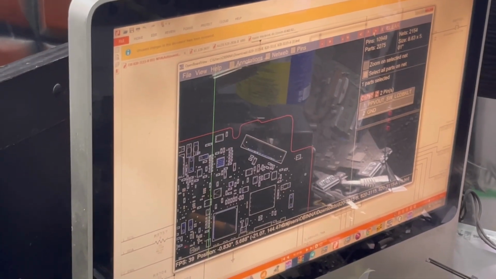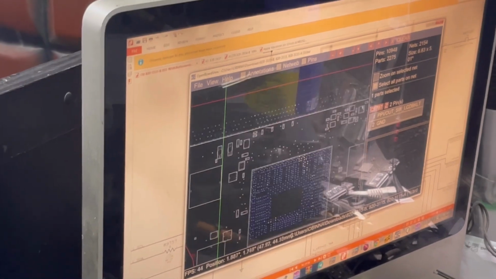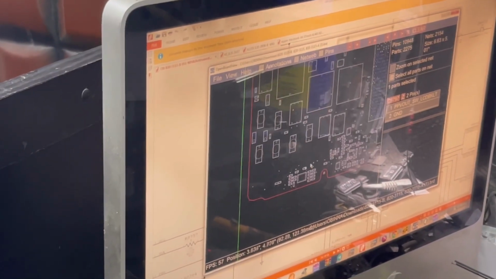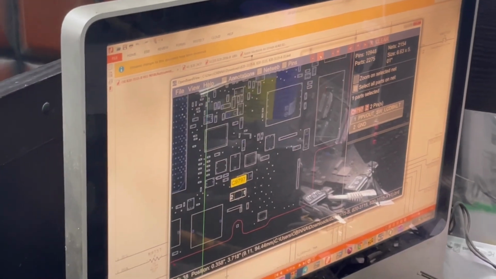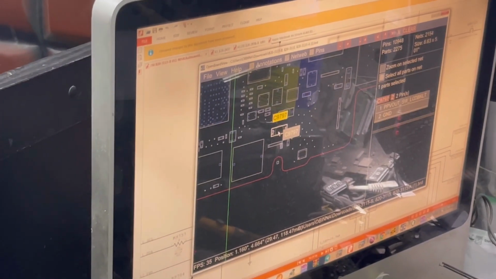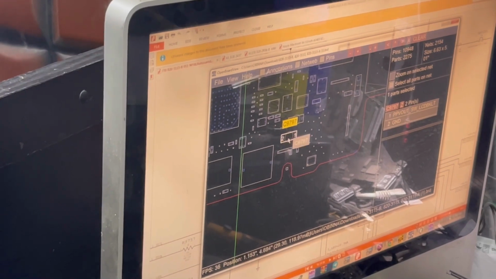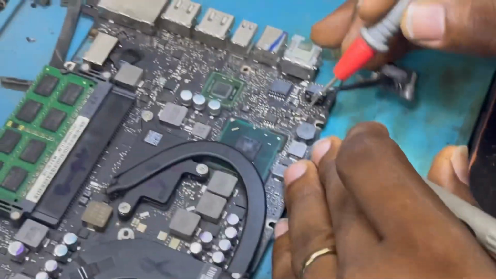I discovered that C9797 is having a bridge, which is this.